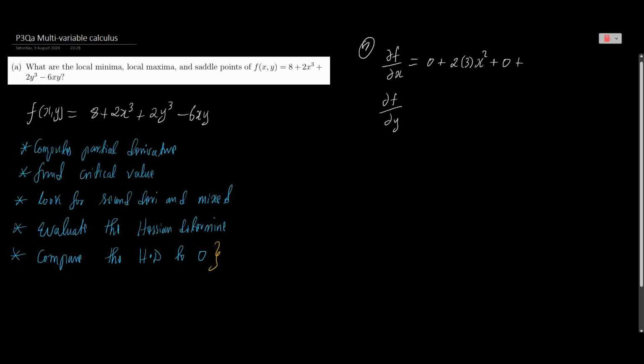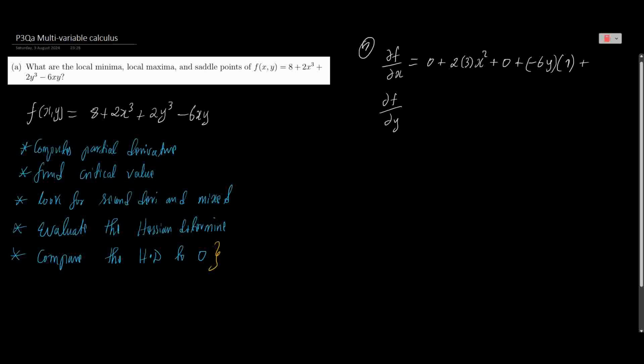It's a product of two variables, so we have to keep one constant and differentiate the other. In this case we're differentiating with respect to x, so we keep minus 6y constant, and when we differentiate x we have 1.